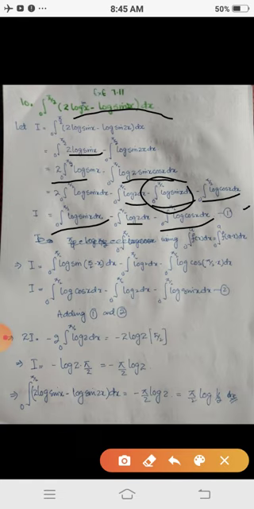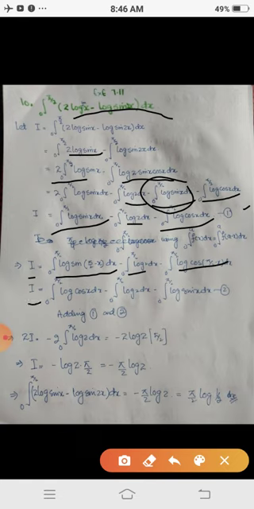We know that the integral from 0 to a of f of x dx is the integral from 0 to a of f of a minus x. That is, I equals the integral from 0 to pi by 2 of log sin of pi by 2 minus x, minus the integral from 0 to pi by 2 of log 2, minus the integral from 0 to pi by 2 of log cos of pi by 2 minus x, that is by replacing x by a minus x, that is pi by 2 minus x, from first.